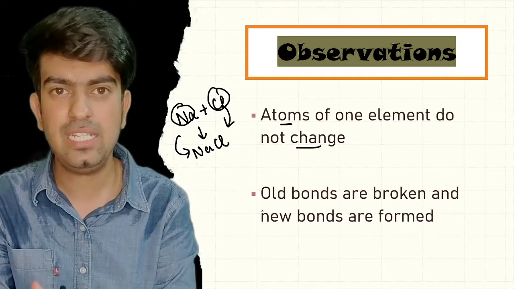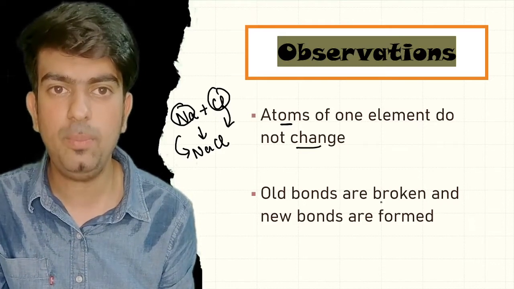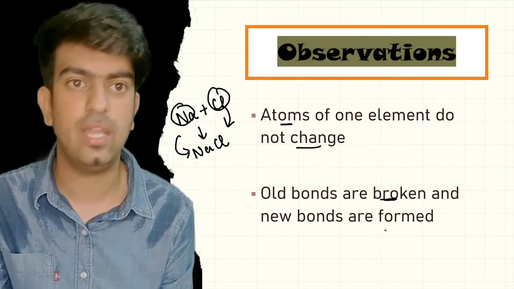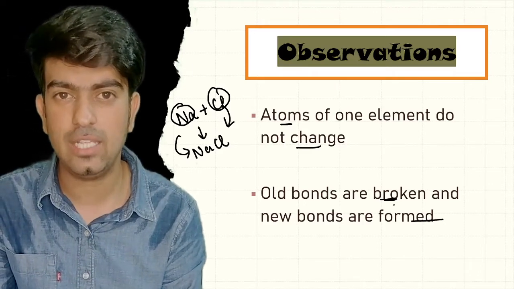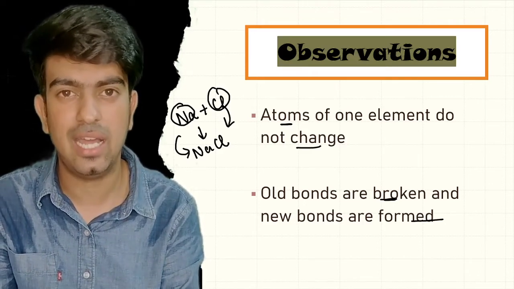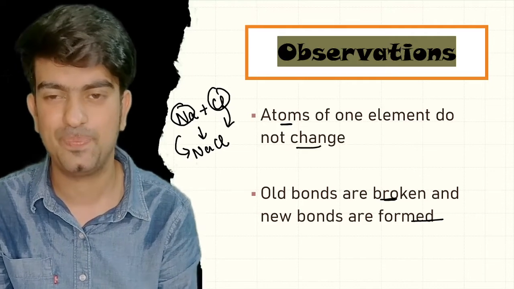So let us see the second point, that old bonds are broken and new bonds are formed. So these are the things which happen in our chemical reactions.